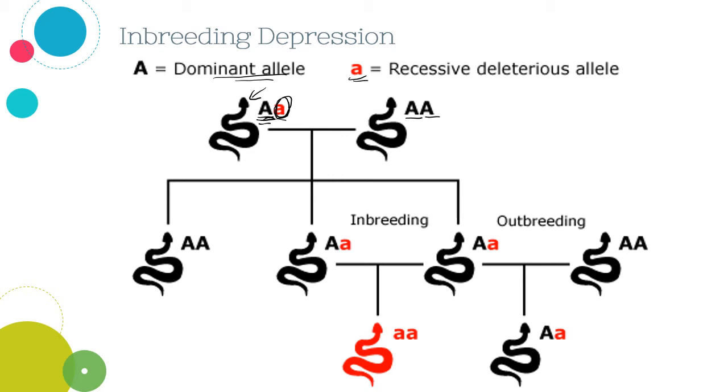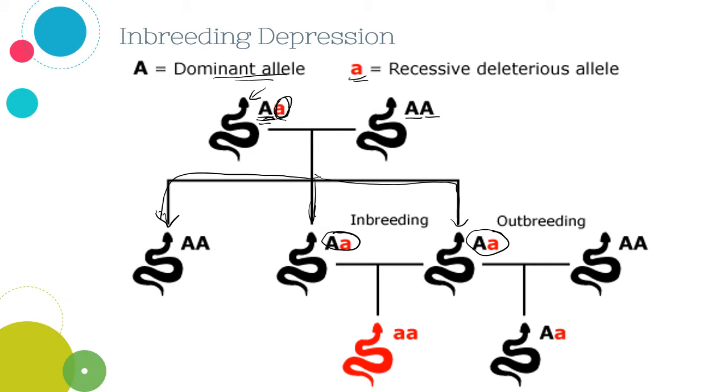So these two snakes make snake babies, and those snake babies get a random combination of their parents' alleles. This snake gets one copy of each, this snake gets one copy of each, and let's say that this is a very small population that has a restricted habitat, very fragmented.